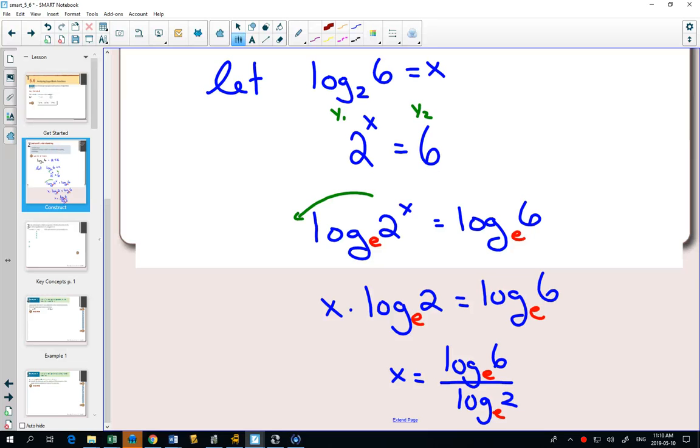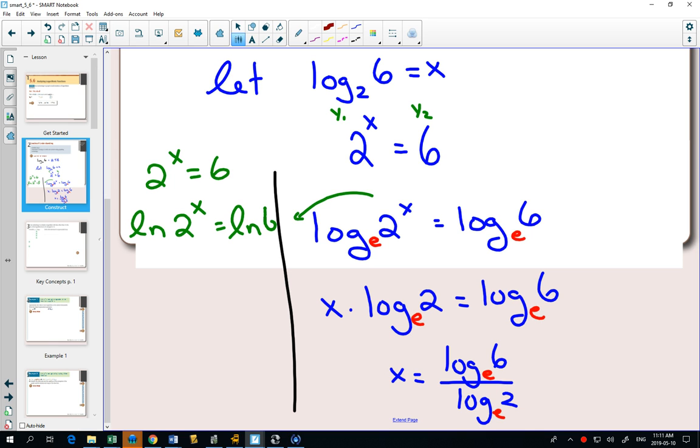So at this point, I'm just going to redo it off to the side. If I started with 2 to the x equals 6 and I took log base e, which is the natural log of both sides, the natural log has the same laws. So this exponent could come out in front just like it did last time.